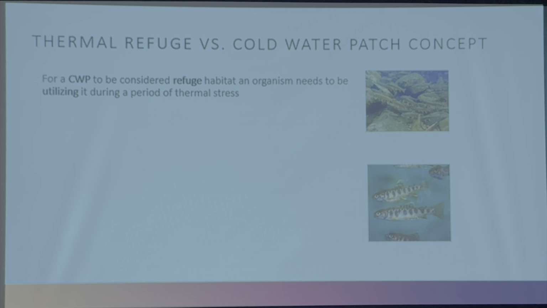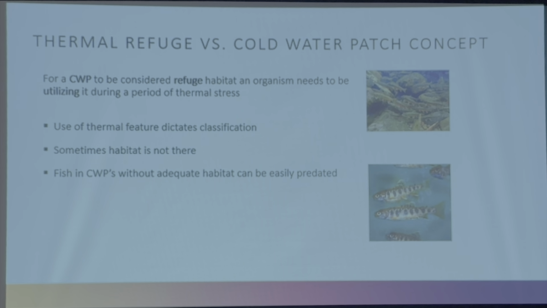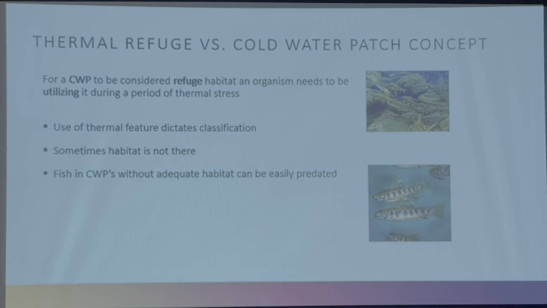So in this presentation, you'll see me referencing CWP for cold water patches that we have not identified as habitat for fish yet. Now, once we identify that fish are actually utilizing these cold water patches, then we can classify it as thermal refuge, because fish are taking refuge in it during thermally stressful times of year.